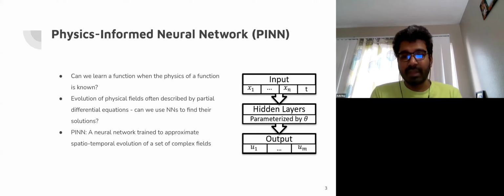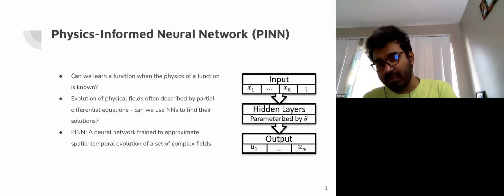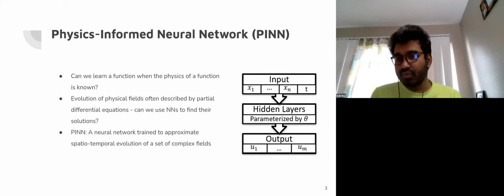So the question is, can you let a neural network, which would have a structure like the one you see in the figure here, learn this? You have a set of inputs, which could be the space-time coordinates, and a set of outputs. It doesn't have to be a single PDE or a single field.